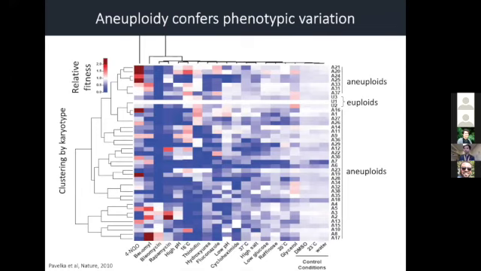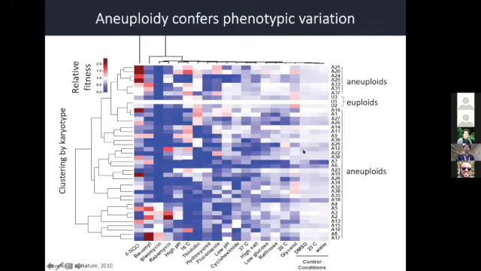In a study in 2010 from Norman Pavelka, he created a panel of stable aneuploid karyotypes and brought stress to them. They grew the aneuploid and euploid strains under different kinds of stress. This wide range of stresses mostly caused a significant fitness defect to the euploid cells.